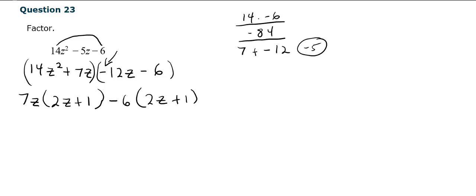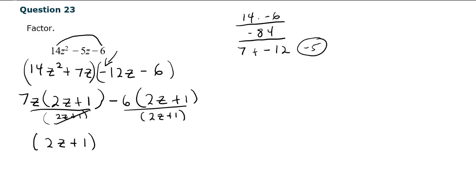So the greatest common factor is 2z plus 1. And I'm going to divide that out of each term. And when I do that, that leaves me 7z minus 6.